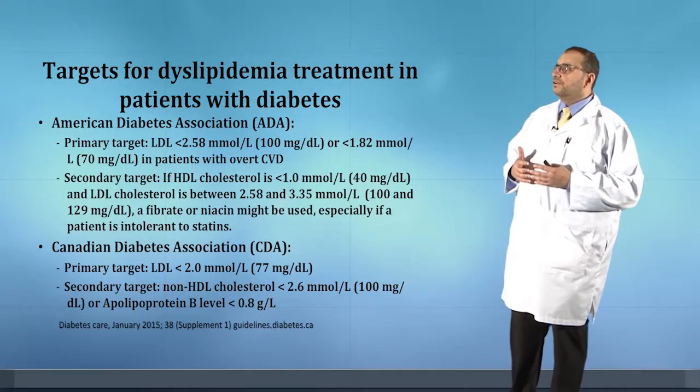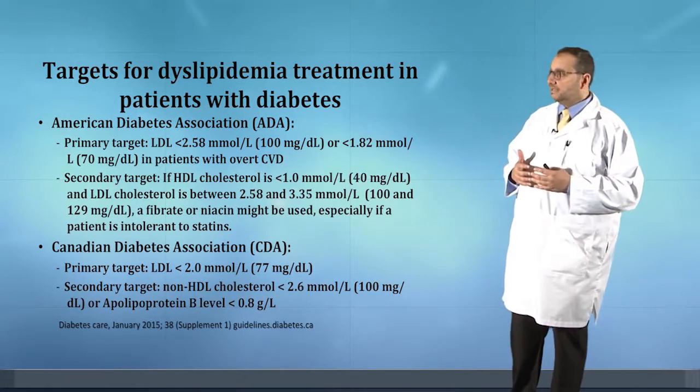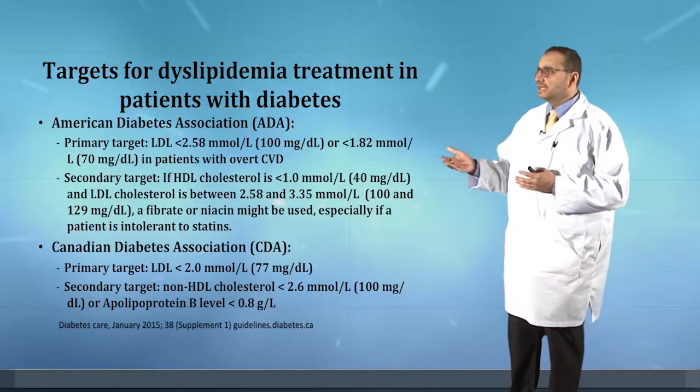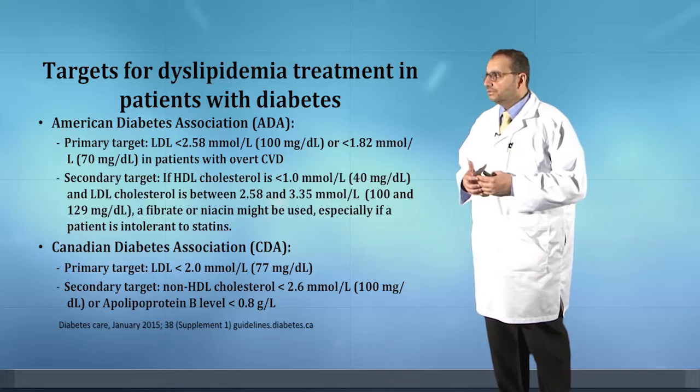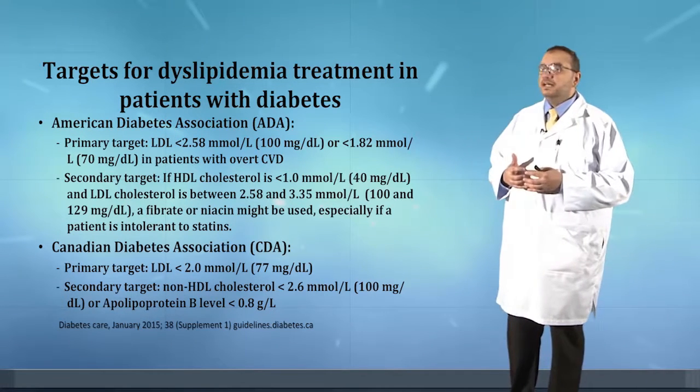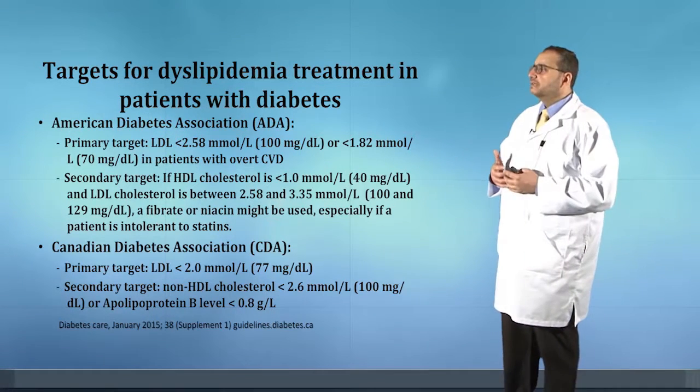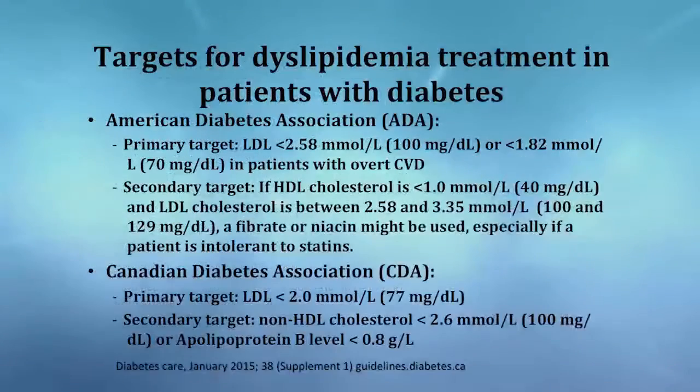The target for dyslipidemia treatment in those patients, according to the American Diabetes Association, is to decrease the LDL below 2.5 millimole, which is around 100 milligram per deciliter, in patients with known coronary artery disease.